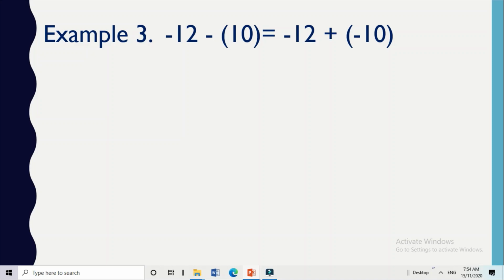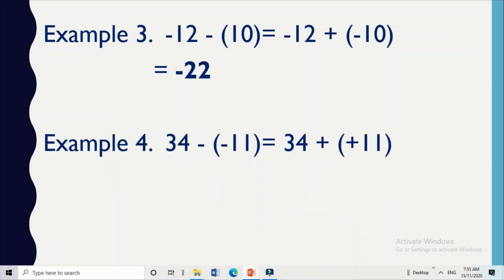So since they have now the same sign, just add the two numbers. 12 plus 10 is equal to 22. And copy their common sign, and that is negative. So therefore, negative 12 minus positive 10 is equal to negative 22.